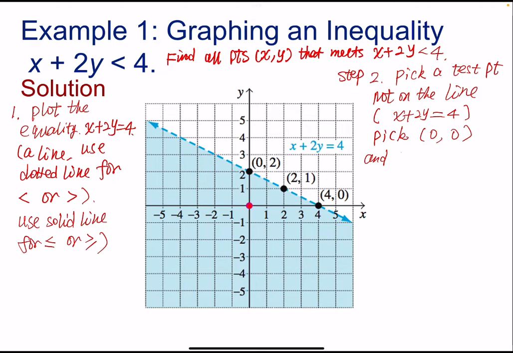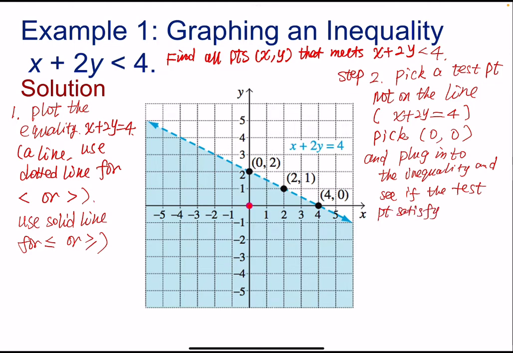Then plug the test point into the inequality and see if the test point satisfies the inequality.